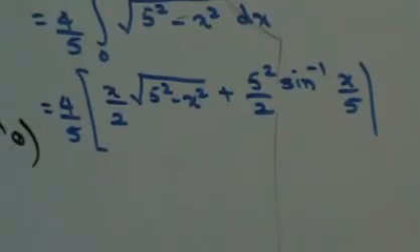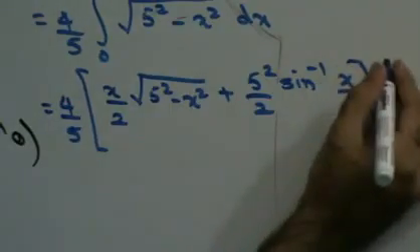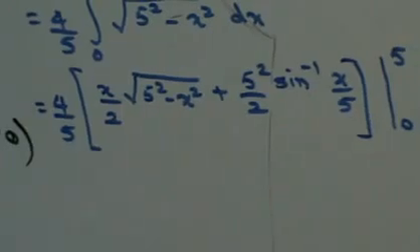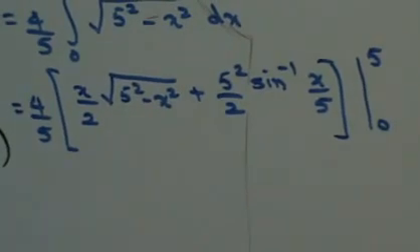I'm using the formula for the integral of square root of a square minus x square, when the limits are between 0 and 5. Now, leave the 4 by 5 as it is. It is going to be upper limit minus lower limit.